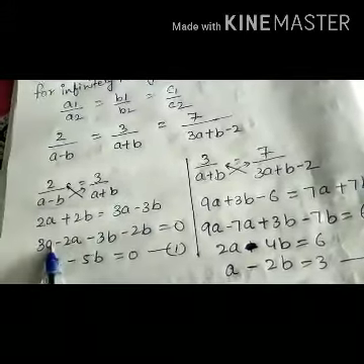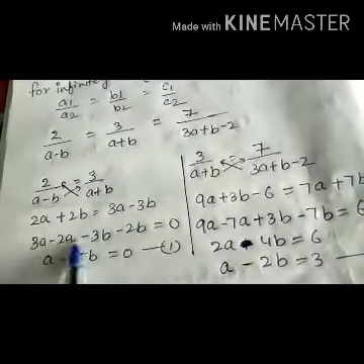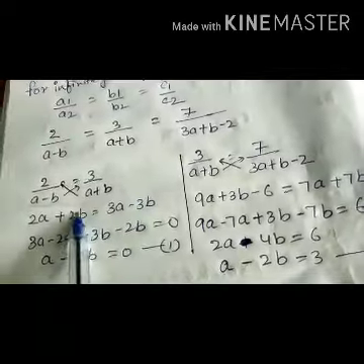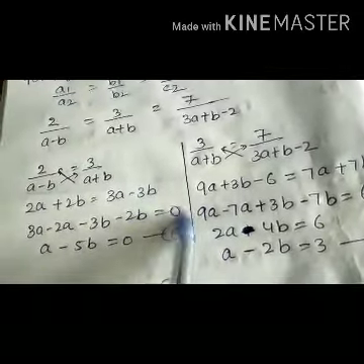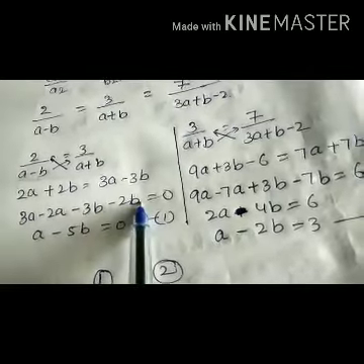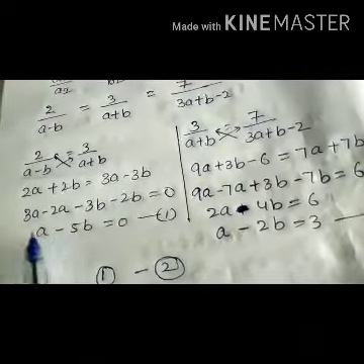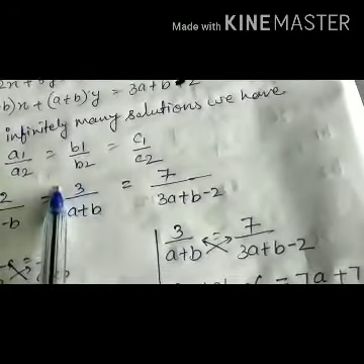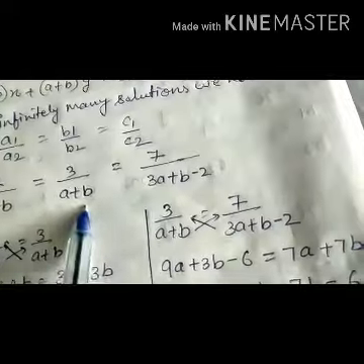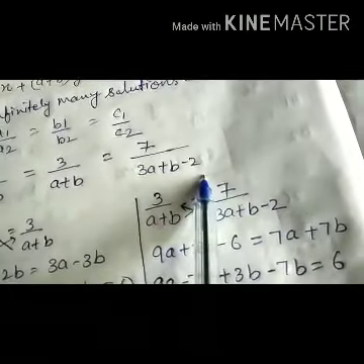Now 3a minus 2a, minus 3b minus 2b is equal to 0. 3a minus 2a, we have a; minus 3b and minus 2b, we will add 5b and the sign will be minus here. So a minus 5b is equal to 0. Now we will take these two terms. 3 upon a plus b is equal to 7 upon 3a plus b minus 2.